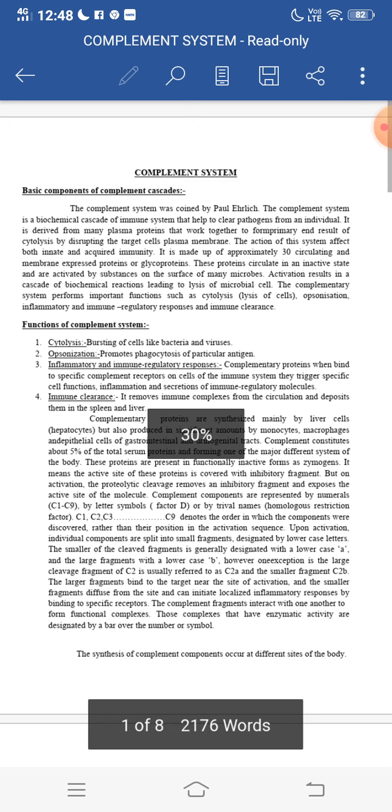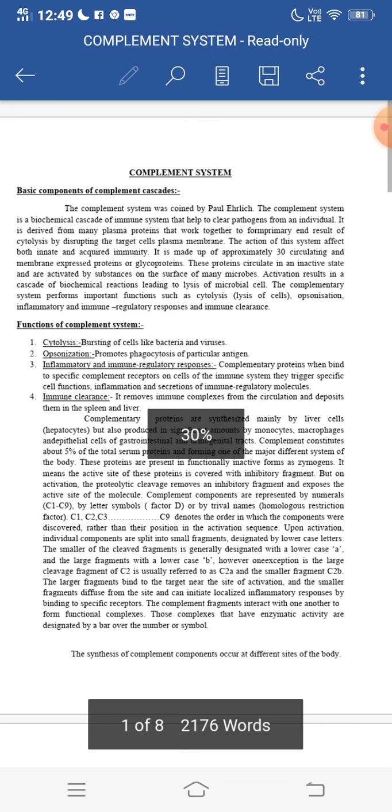So whenever these proteins, which circulate in the host body in an inactive state, come in contact with the external surface of the pathogen or the antigen, which secretes some secretion as endotoxins, the proteins will lead to the lysis of the microbial cell.